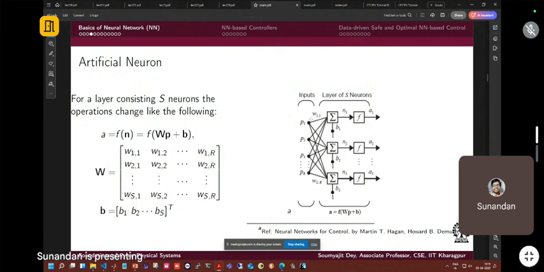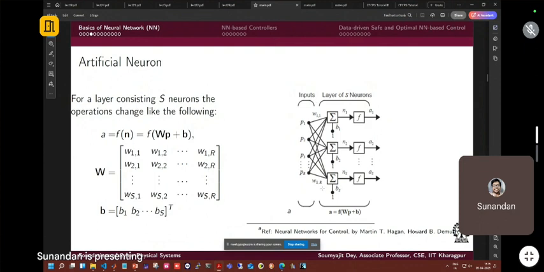In the input layer there are R many inputs. These inputs pass through this layer of perceptrons, where there are S many perceptrons.